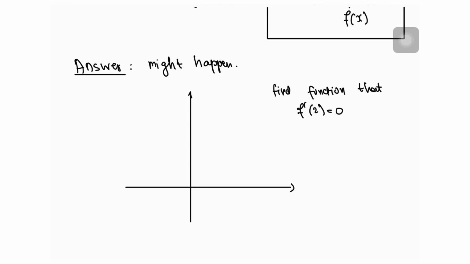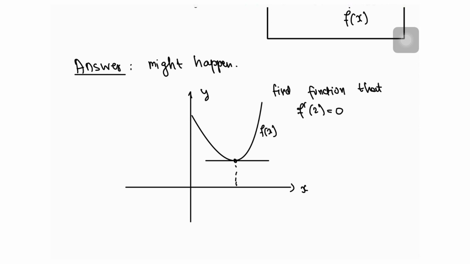So that must be a function that has, for example, a horizontal tangent parallel to the x-axis. This is x, this is y. And that function can be something like this. Okay, so that can be this function here.